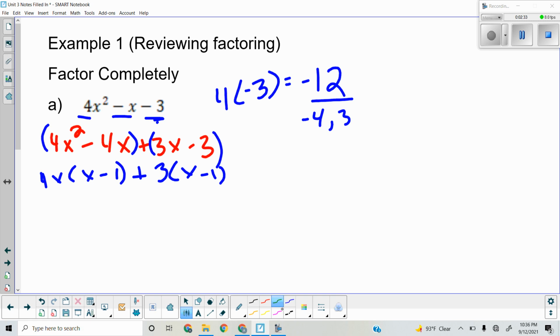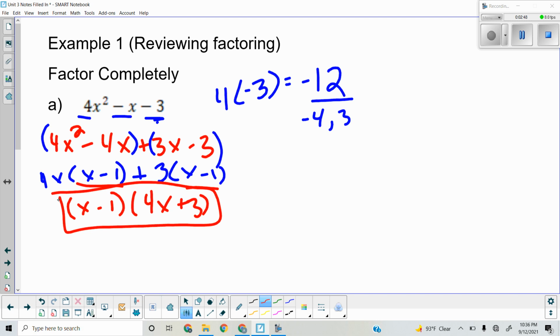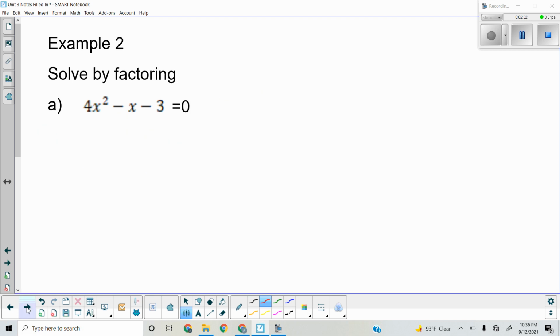Our common binomial, x minus 1, comes out to the front, then we get 4x plus 3.